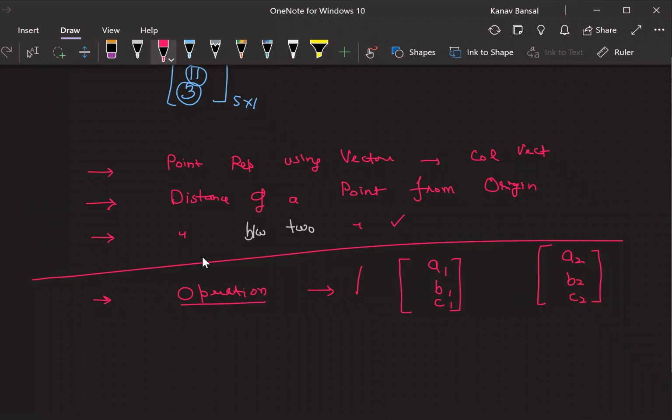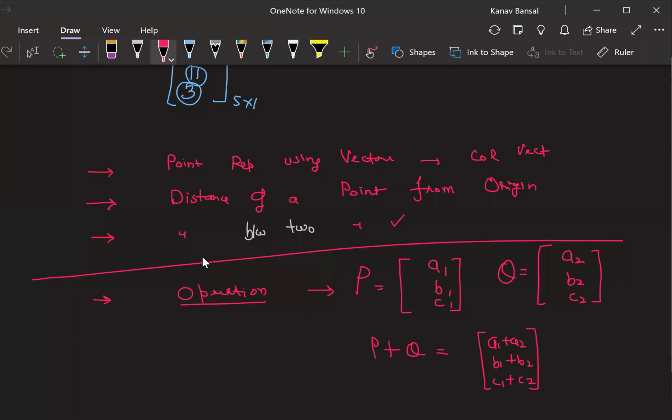Let's call this vector P, and this vector Q. So if I want to add P and Q, how do I add it? Can anyone tell me the answer? Yes, A1 plus A2, B1 plus B2, C1 plus C2.